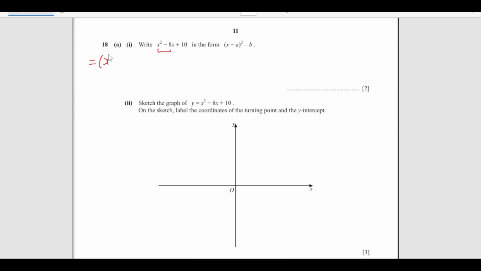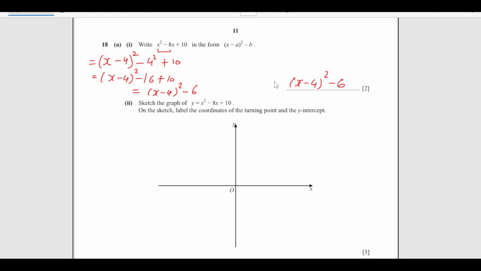I am going to take x, then take half of the coefficient of x. The coefficient of x is -8 and half of that is -4, and then square. So minus the square of this, which is 4 squared, plus 10, right? So this is (x minus 4) squared minus 16 plus 10. So this is (x minus 4) squared minus 6. So this is the answer in this form. So (x minus 4) squared minus 6.